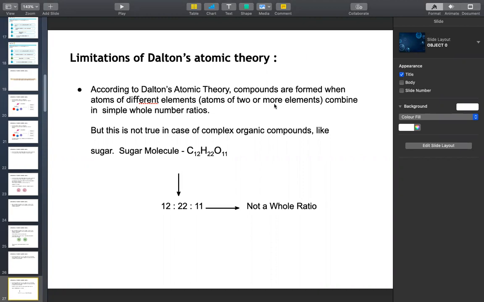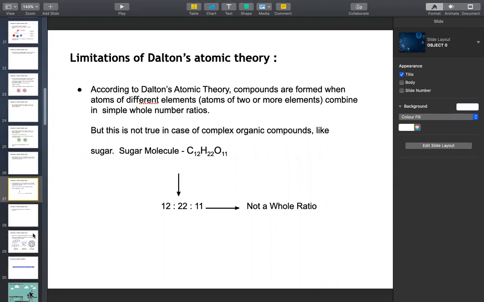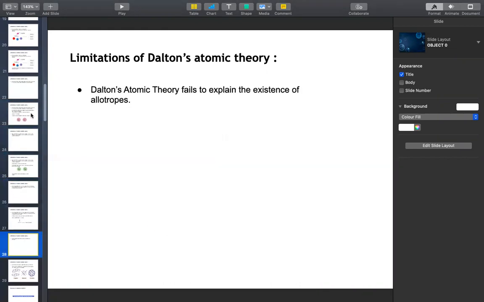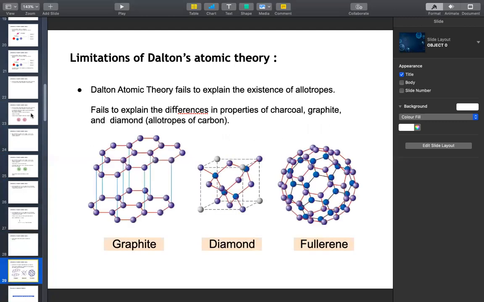Now, next, so this is clear, I think. Dalton's atomic theory fails to explain the existence of allotropes. Here you see, his theory doesn't tell anything about graphite, diamond, fullerene and all. These are the allotropic forms of carbon.